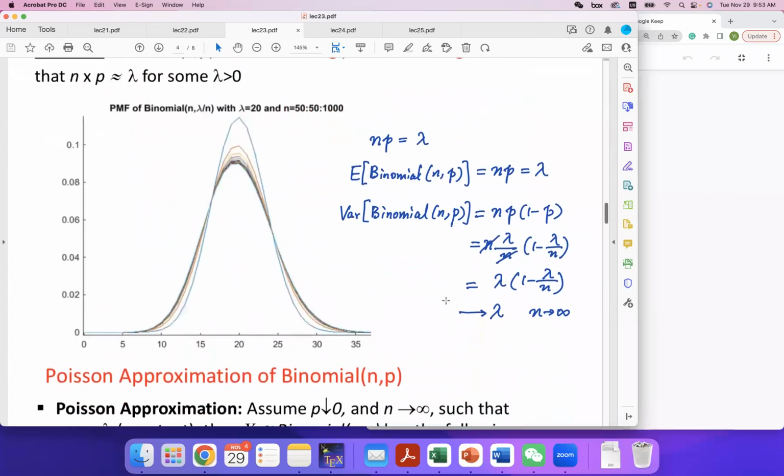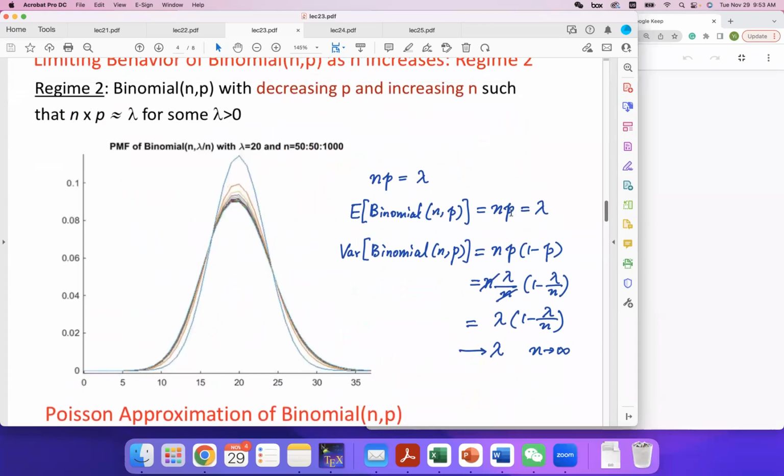But in this second case, the product remains a constant, so both the mean and variance are going to converge to a constant value lambda. This means the limiting behavior of this binomial distribution in this case is very different from the previous case.